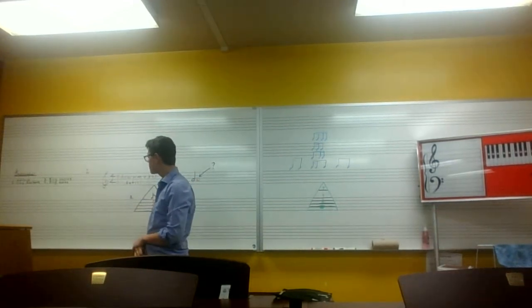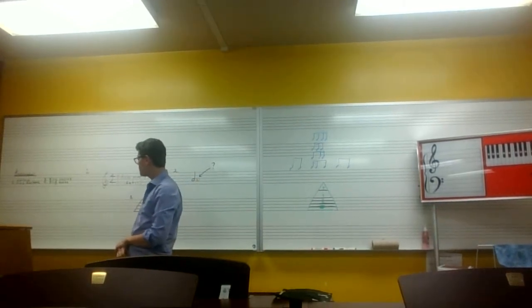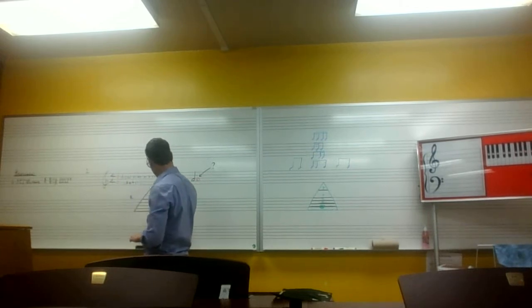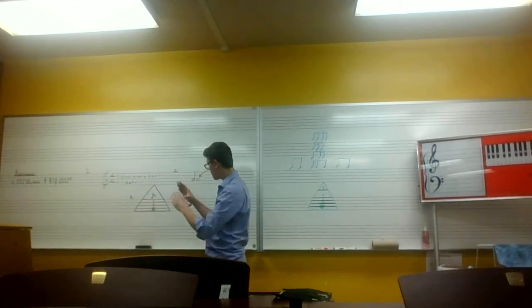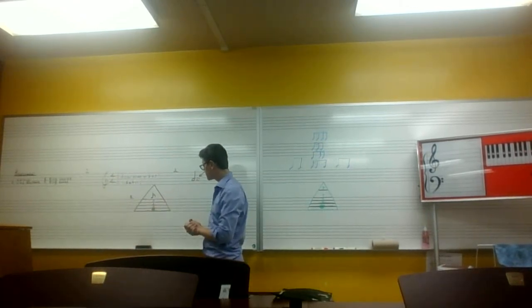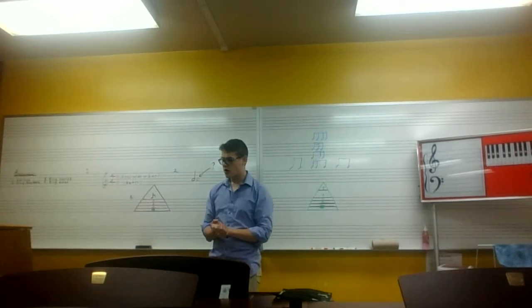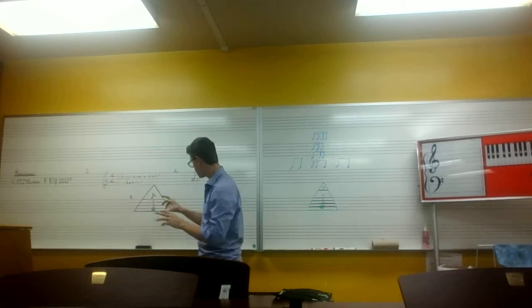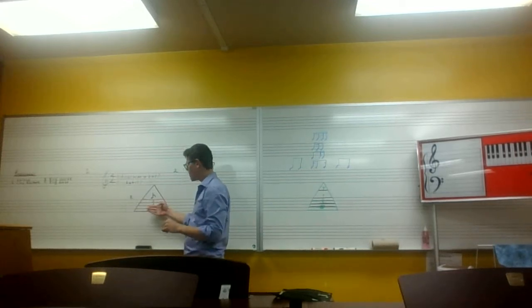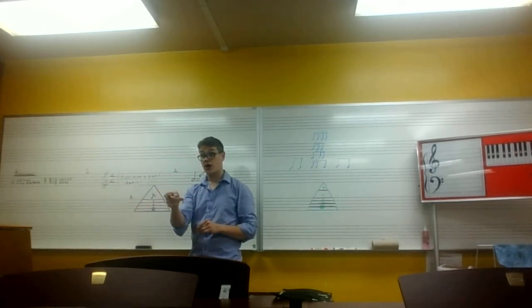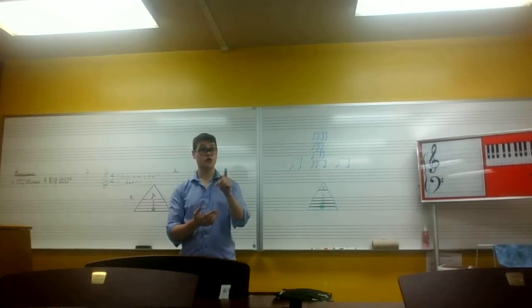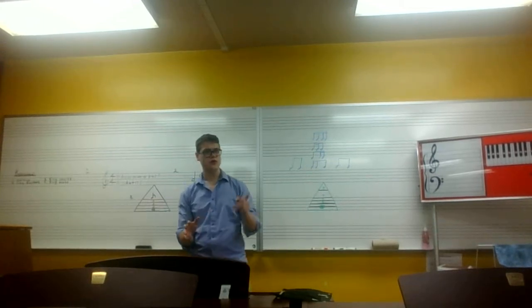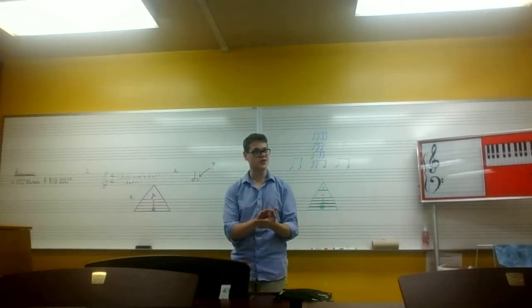Okay, so what I have planned is now that we understand the value of these and kind of the hierarchy of these durations, let's clap these rhythms. Since we don't have enough people in the class for this, I'll have you clap half notes, I'll have you clap the quarter notes and you the eighth notes, and I'll clap the 16ths.